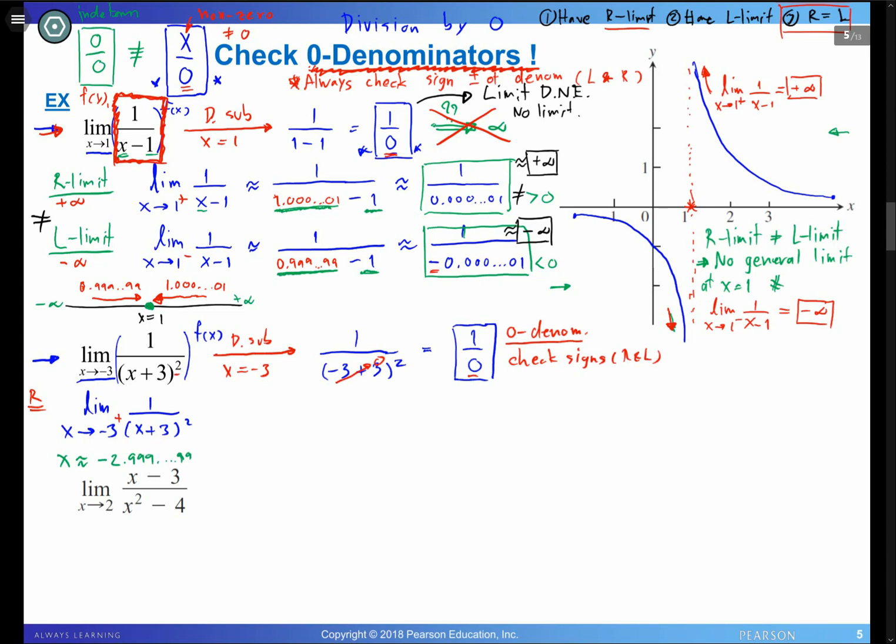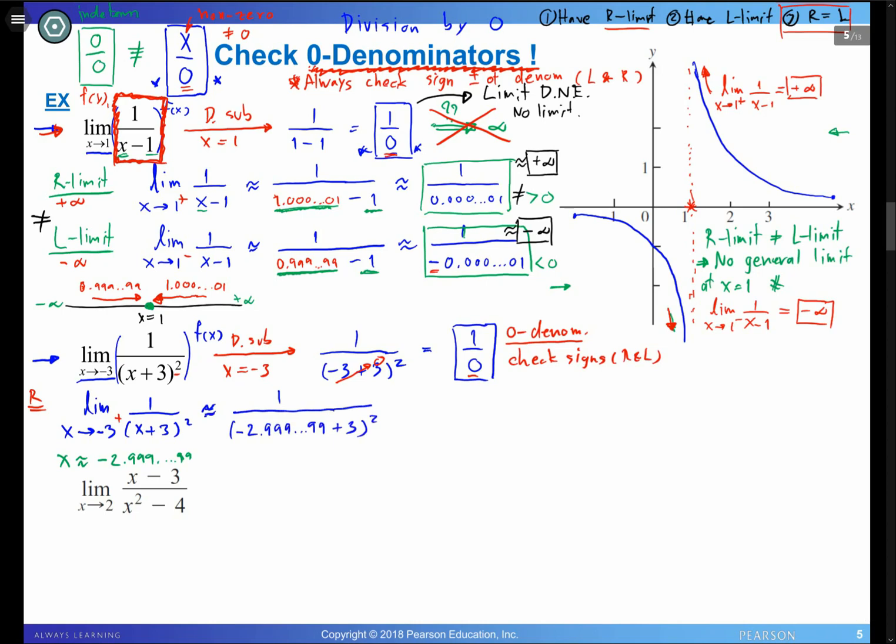Now we are going to put this number into our expression. This is going to be about 1 over, let's put that number in, (minus 2.999, lots of 9s, plus 3) squared. So this is what we have here.